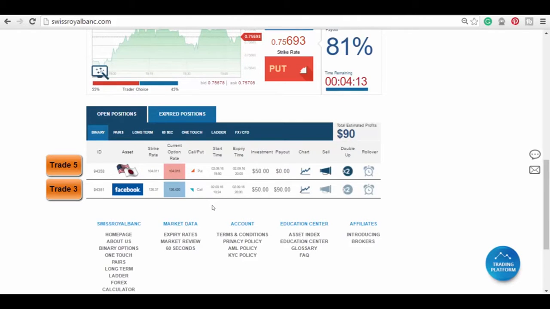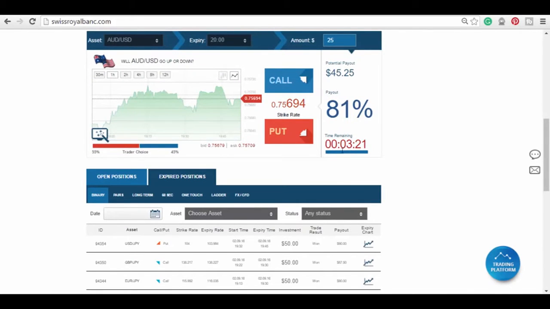This is our fifth trade. Well, right now it's out of the money, but let's give it some time. It's still trending up high, so it'll slowly start to come down.